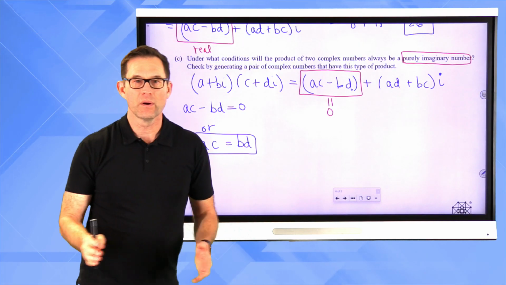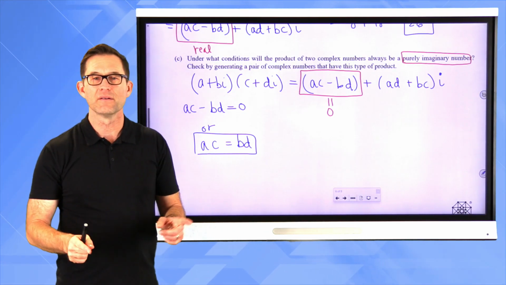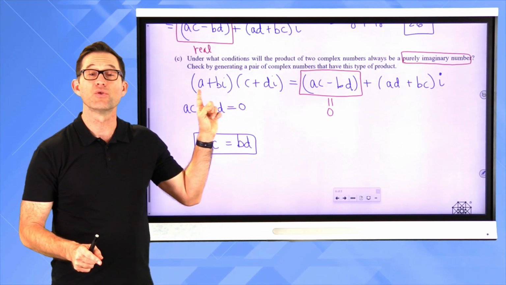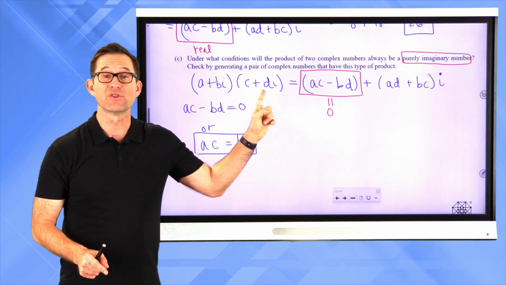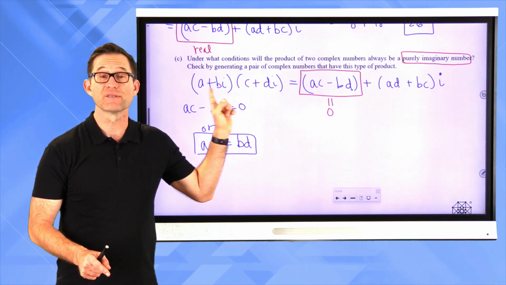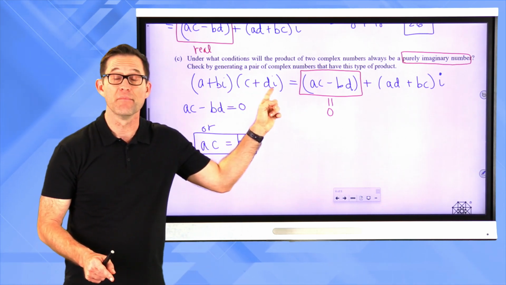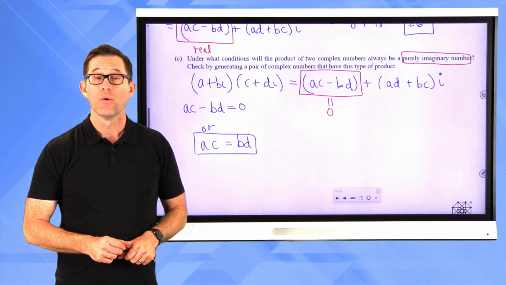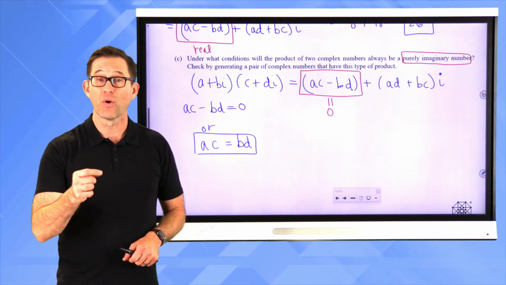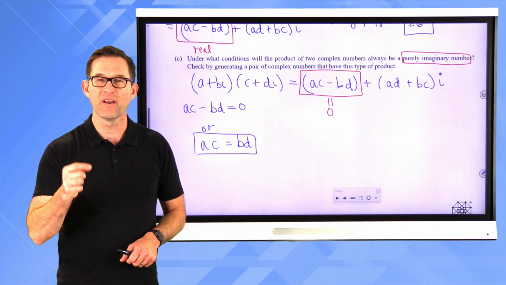Now, what are those? Well, ac is the product of these two real components. bd is the product of these two real portions of that imaginary component, right? As long as those two products are equal, well, then I'm going to have a purely imaginary number, right?